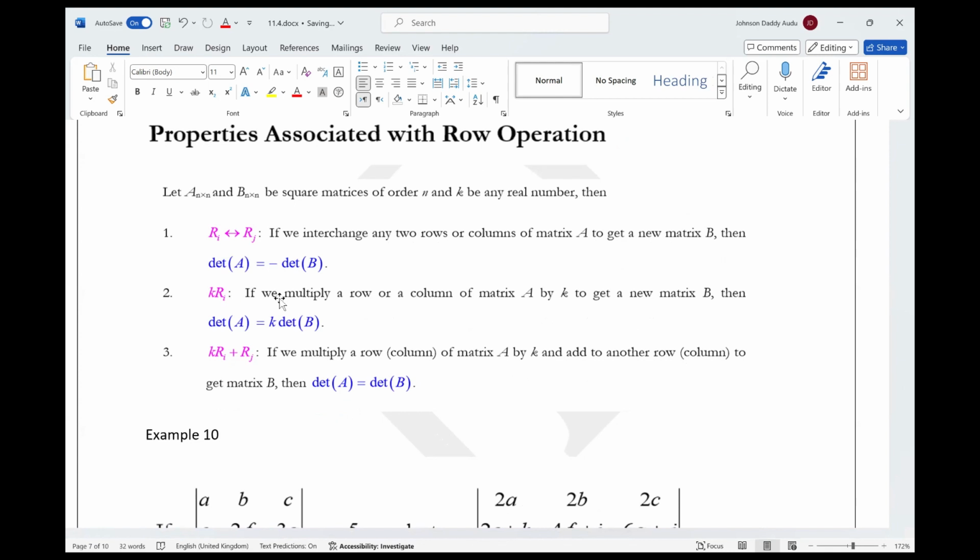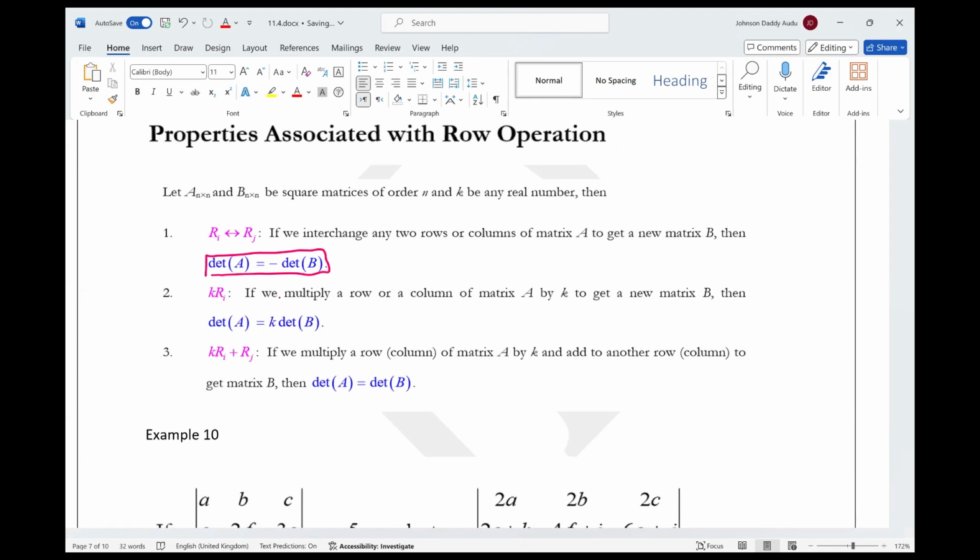If you interchange rows when you are doing row operation, then there will be a negative. So if you perform row operation by interchanging rows, then you need to introduce a negative to the determinant. The determinant will not be the same.